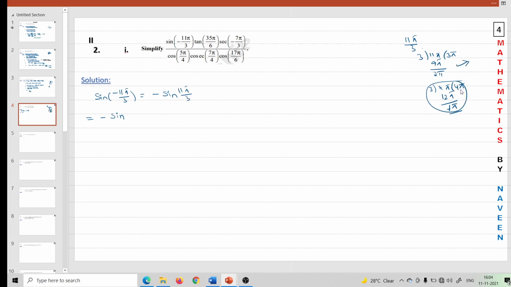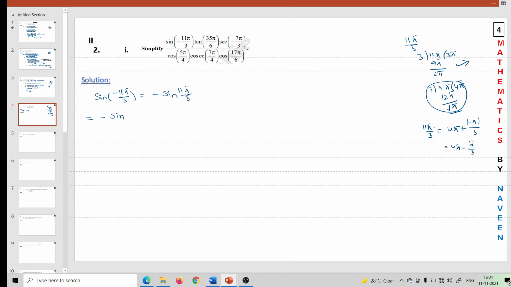So 11 pi by 3 can be written as 4 pi plus minus pi by 3, that is nothing but 4 pi minus pi by 3 simply. Now 3 4s are 12 pi minus pi, that is 11 pi by 3 as it is. Clear?